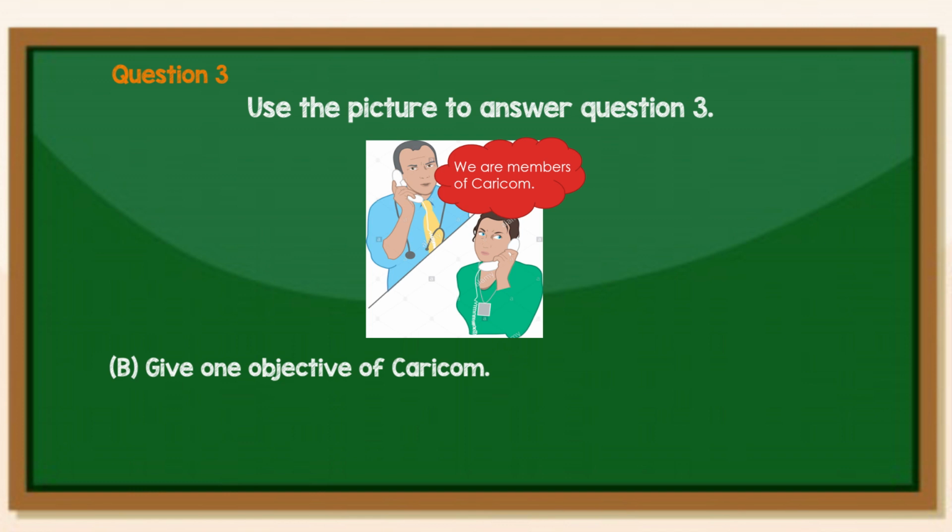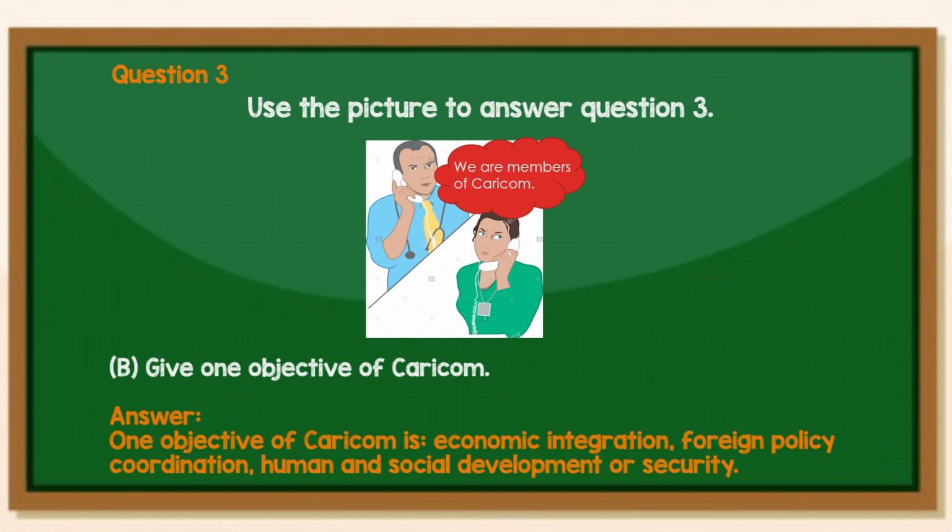B, give one objective of CARICOM. So one objective of CARICOM is economic integration, or foreign policy coordination, or human and social development, or security. Those are the broad objectives of CARICOM.